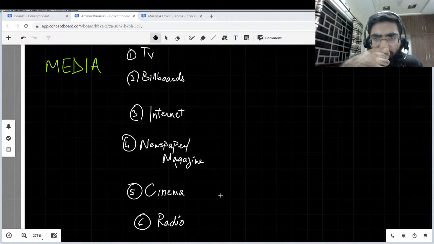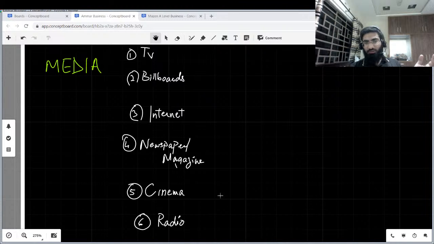Advantages of newspaper: it reaches older people, and business people. For magazines, you have people who are traveling, for example, airline magazines.